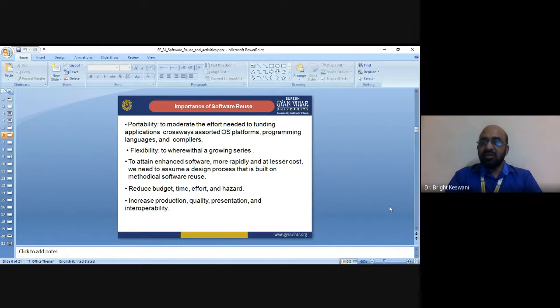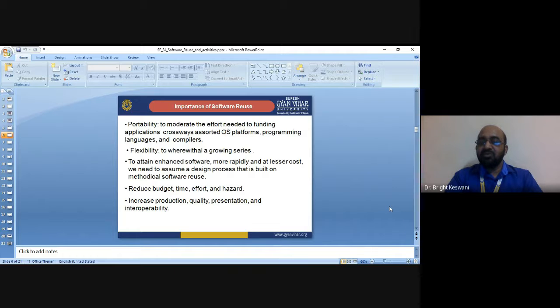We can reduce the budget, the average time of development, the effort, and the errors and hazards when we make the software reusable.